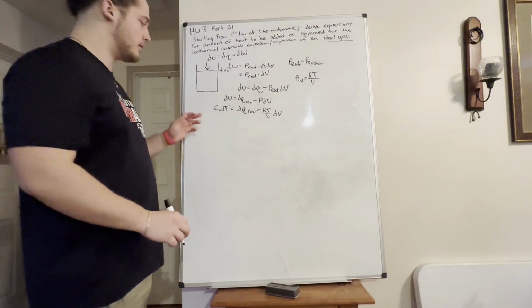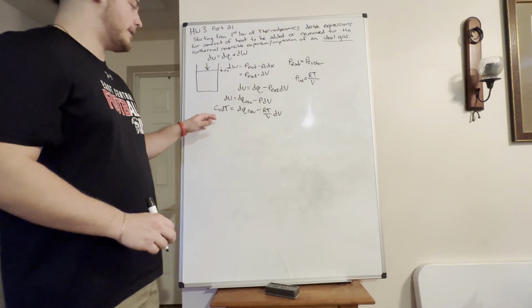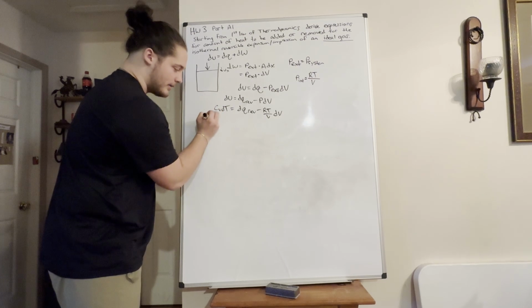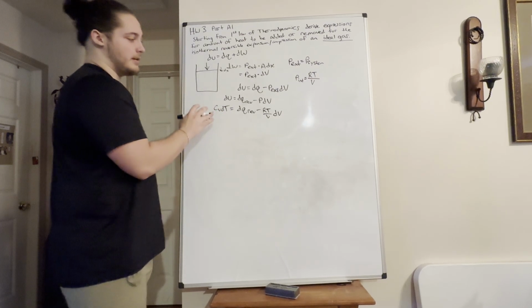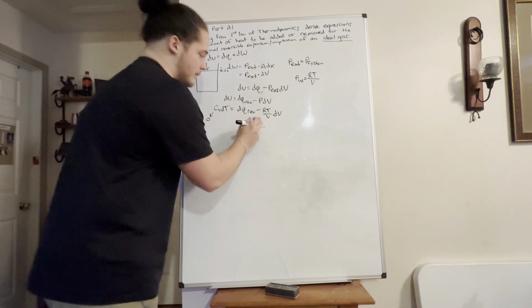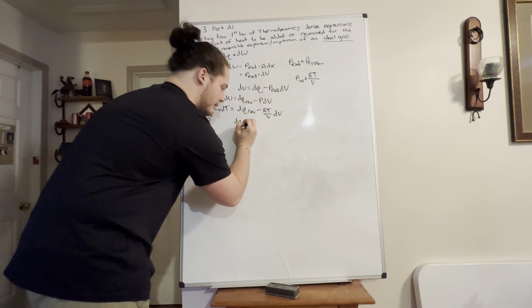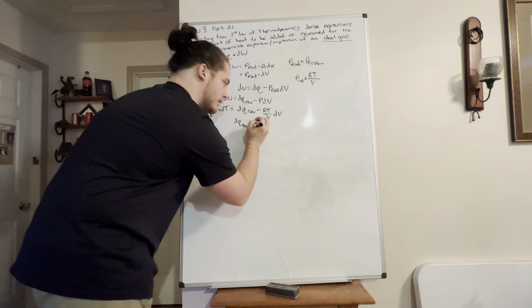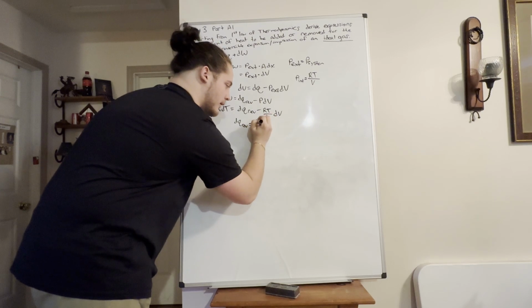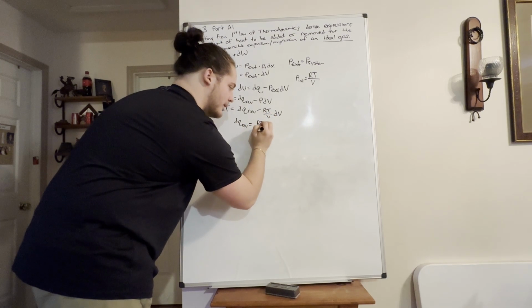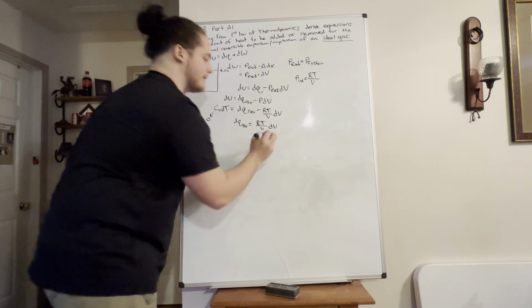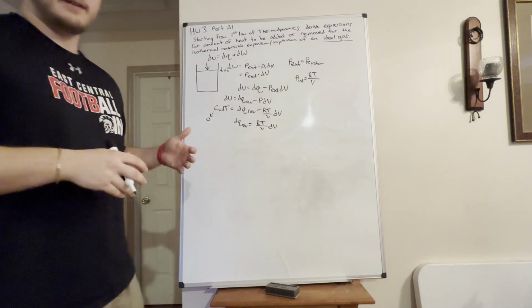So we know that the constant volume heat capacity term will go to 0 for this scenario. So moving forward, we can write that the differential amount of heat added or removed reversibly is equal to RT over V dV.